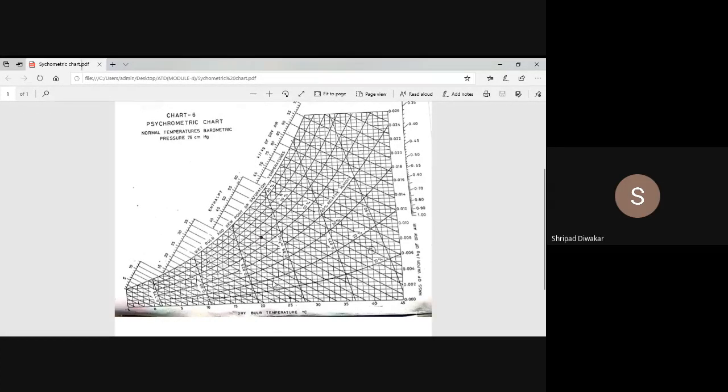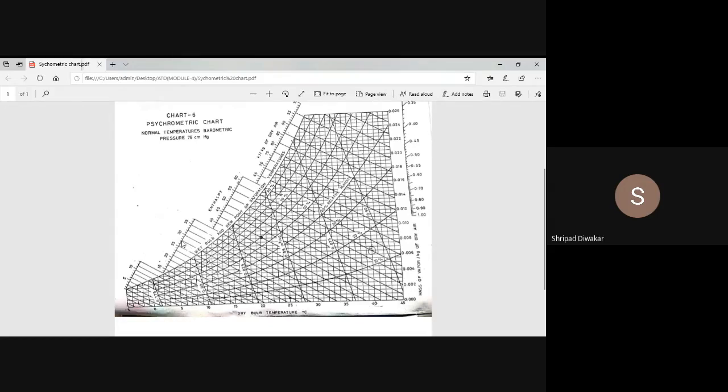Suppose you have the point here, 10° WBT and 20° DBT, somewhere here. Then to get the enthalpy, one inclined line always passes through that point, and you just move along that line till it cuts your enthalpy line.